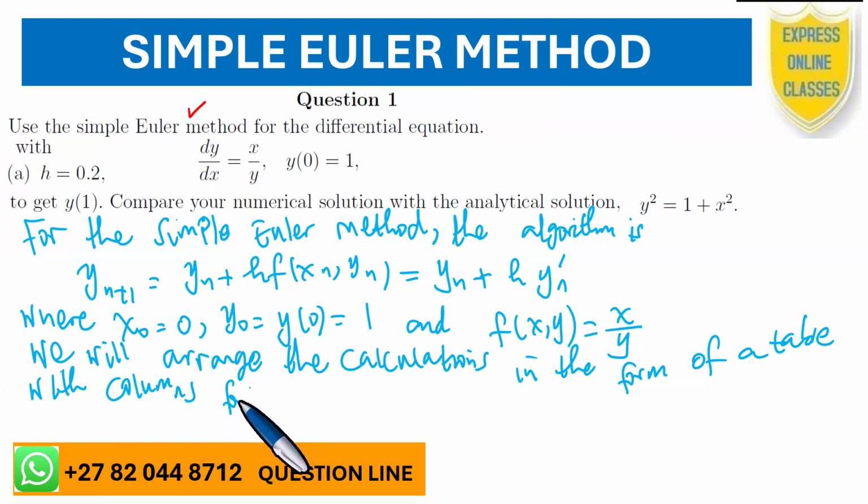You can see that using a table makes it much easier. We shall use the table with x sub n, then y sub n, and obviously also y primed subscript n, and h y primed subscript n.